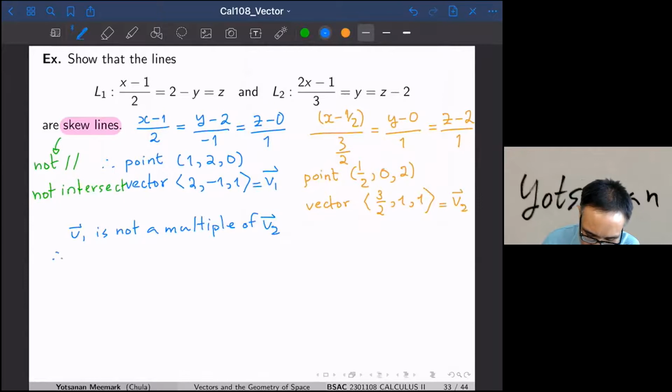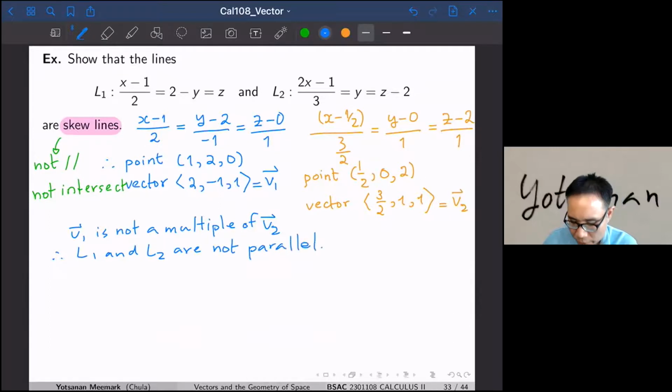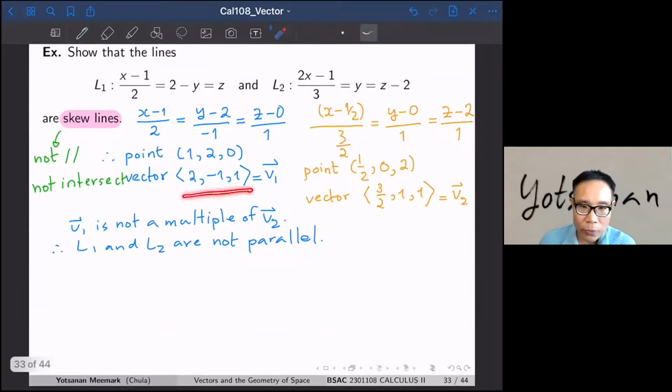So L1 and L2 are not parallel. V1 is not a multiple of V2, because V1 points in one direction and V2 points in another, so in this case they are not parallel for sure.